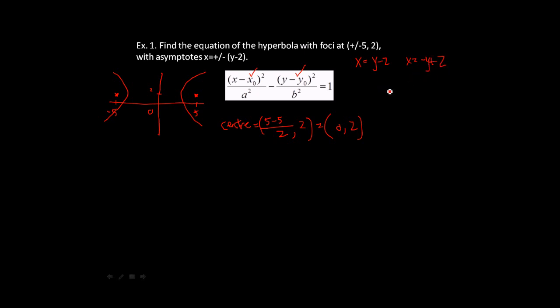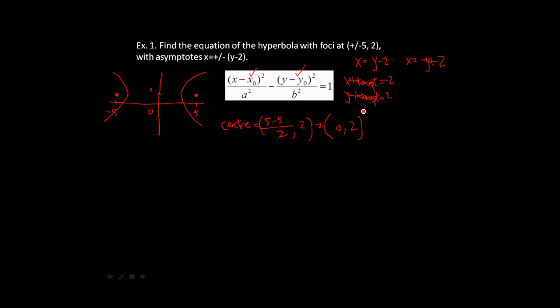Now from here we can actually draw out these two asymptotes. A quick way to draw them out will be we find the x-intercept by putting y equals to 0. So when y is 0, x is negative 2. Okay, for the y-intercept, that is the point that cuts the y-axis, we put x equals to y, then this one will be 2.